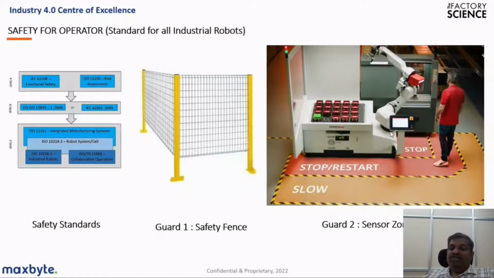Then if the operator decides to enter into the start-stop zone, the robot will stop, and the person over there can inspect the component, or load the component, or reorient any component present, or see what program is running. Any inspection that needs to be done near the machine can be handled when he is in the stop zone, so that it ensures safety. This is how we can go for safety of the operator.